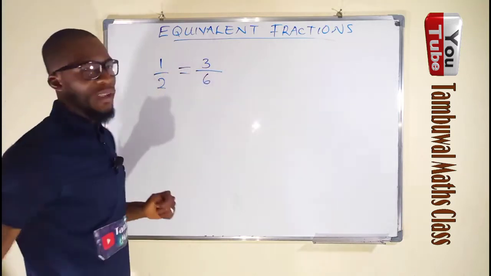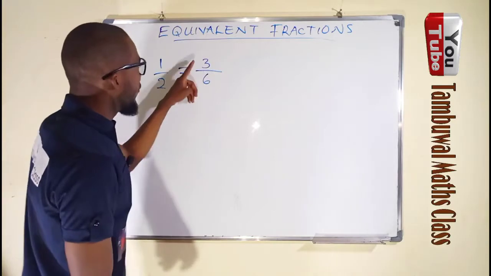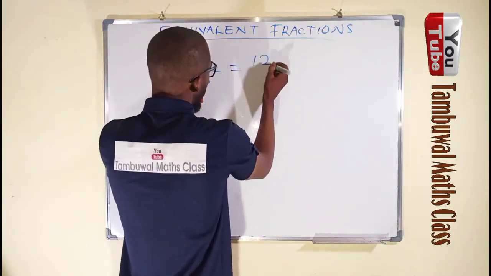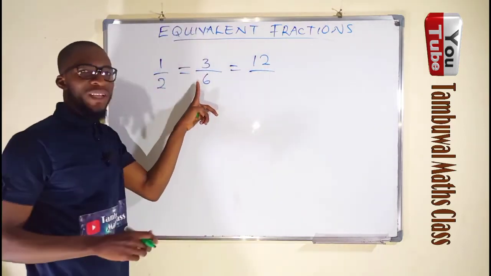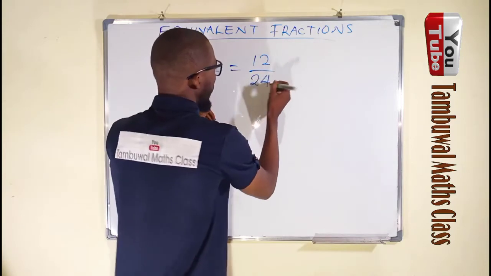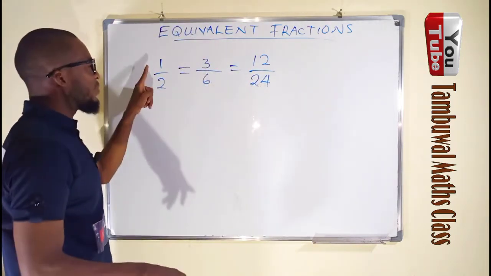And you can even write equal to, because they are equal to one another. If you multiply 3 by 4, you shall obtain 12. If you multiply 6 by 4, you shall obtain 24. And the 12 over 24 is exactly the same as 1 over 2.